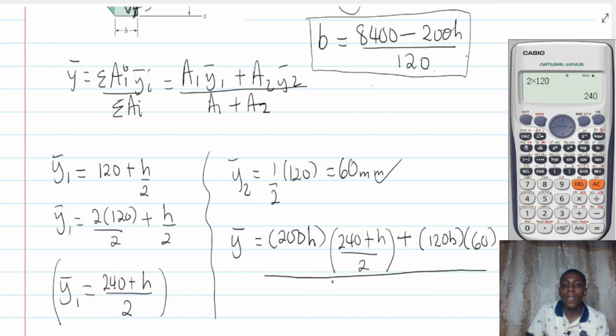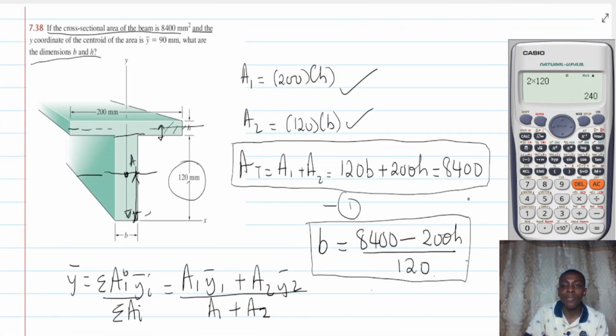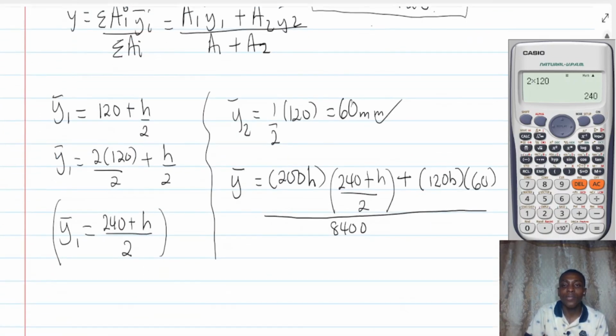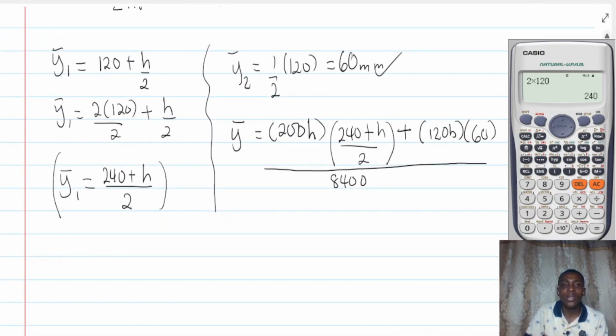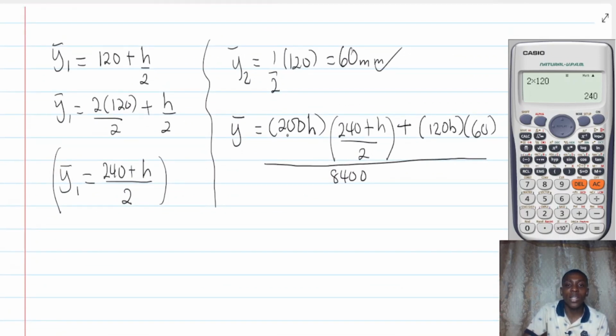The total area is 8,400, which is A1 plus A2. Don't forget that the total area is 8,400. Having gotten to this part, we are saying that this y bar value is 90.